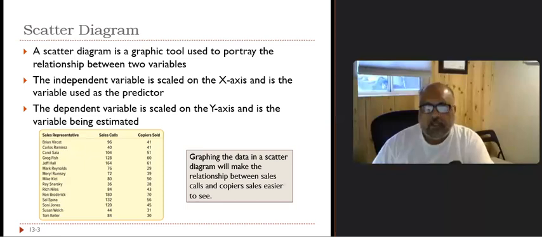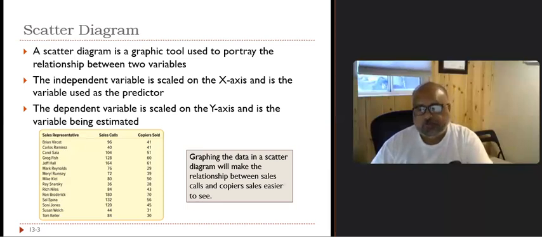The independent variable, which we call the predictor, is on the x-axis, and the dependent variable, which we call the outcome, is on the y-axis. It helps identify the direction and strength of their relationship.